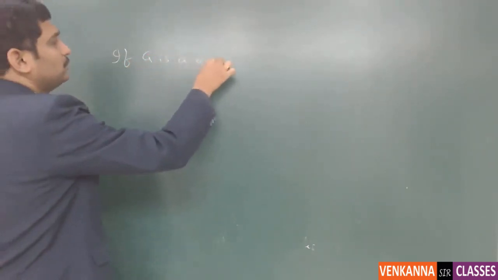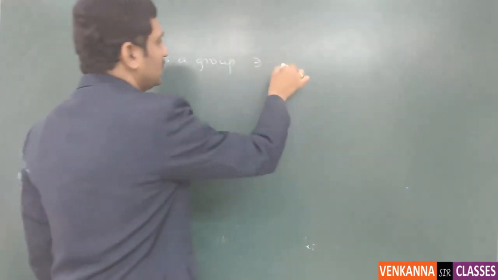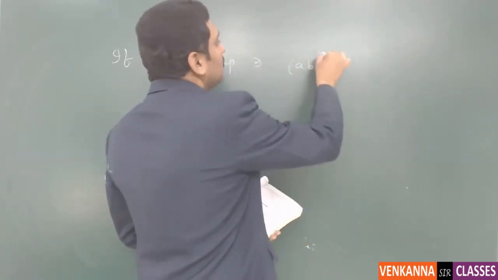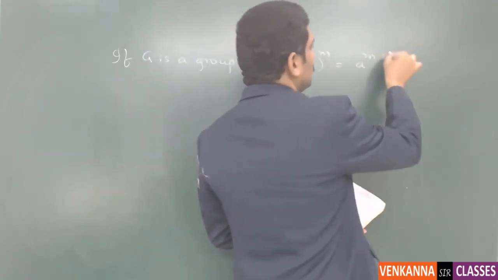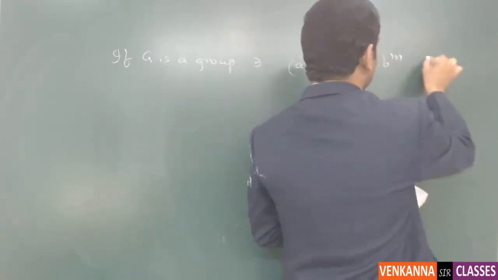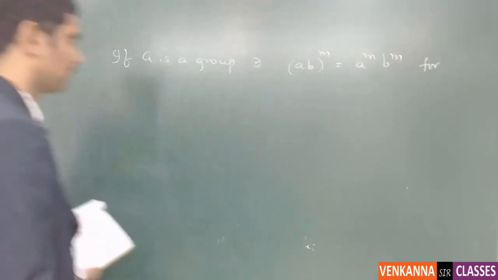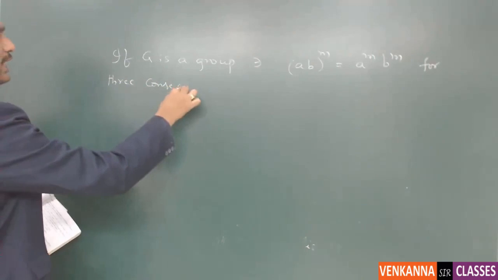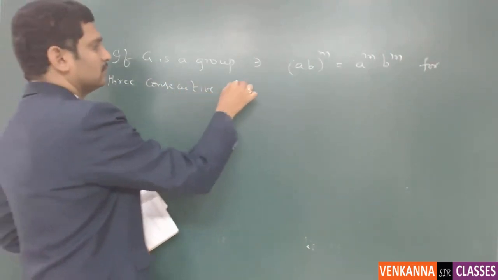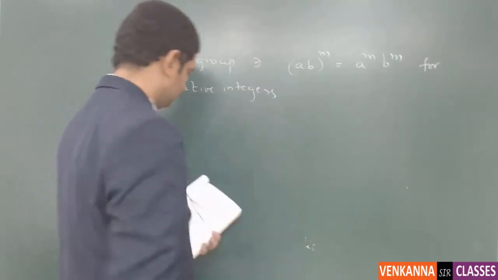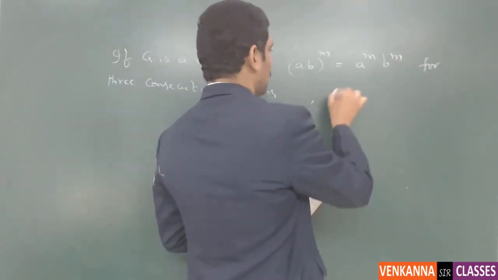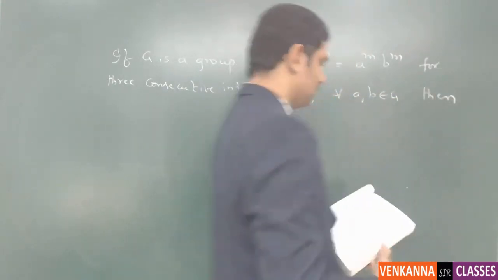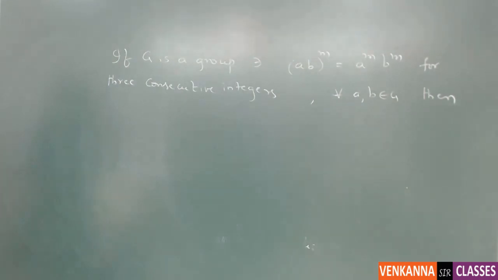If G is a group such that (AB)^m equal to A^m B^m for three consecutive integers, for all A, B belonging to G, then G is abelian.